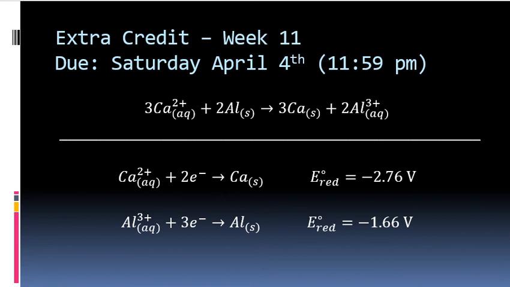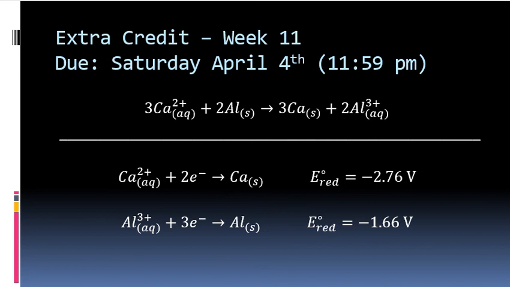Down below are your half reactions where the reduction of calcium is negative 2.76 volts and the reduction of aluminum ion is negative 1.66 volts. Just remember for the oxidation half reaction, flip it around and change the sign of the number.